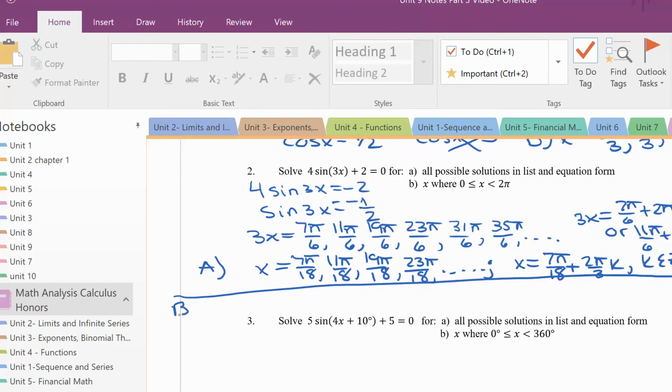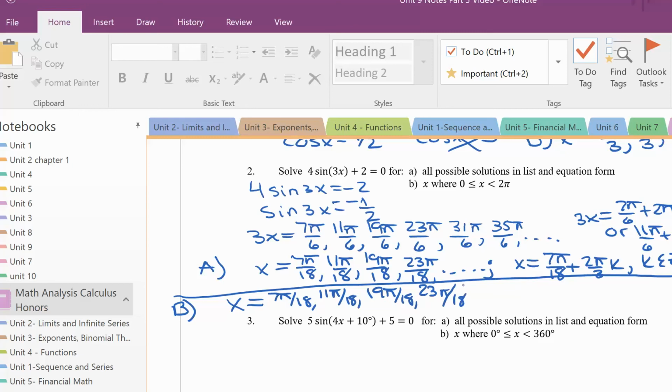So for part B, it wants to know the solutions between 0 and 2 pi. Well, you have 7 pi over 18, 11 pi over 18, 19 pi over 18, 23 pi over 18.